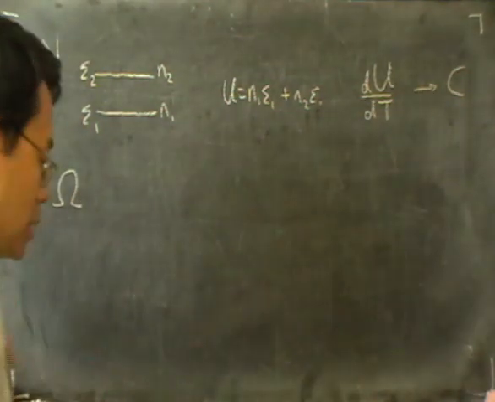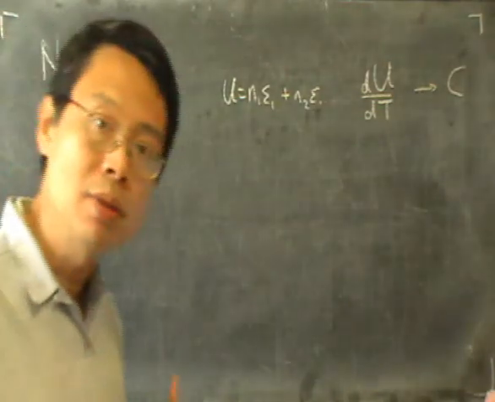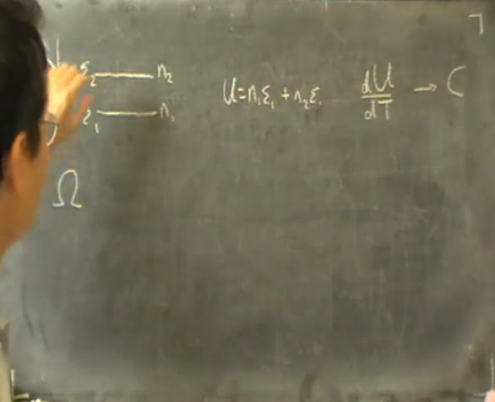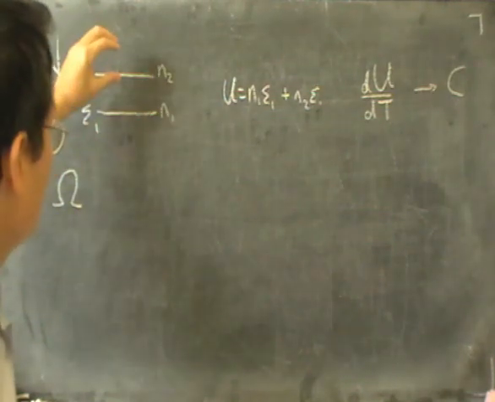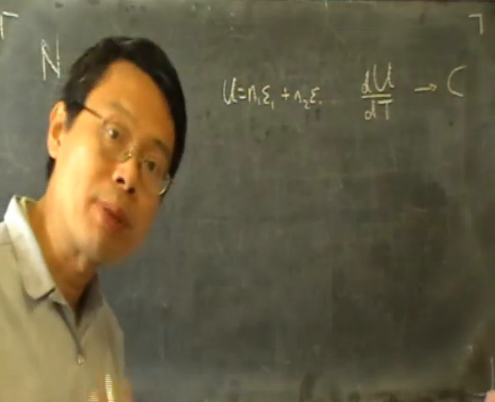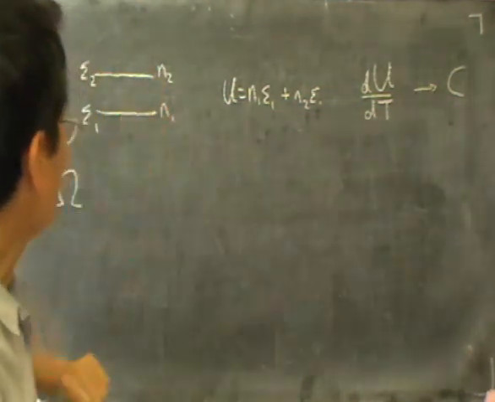Let me call this omega. Now, omega is just a number to represent the total number of arrangements that is possible for a particular N1 and N2.